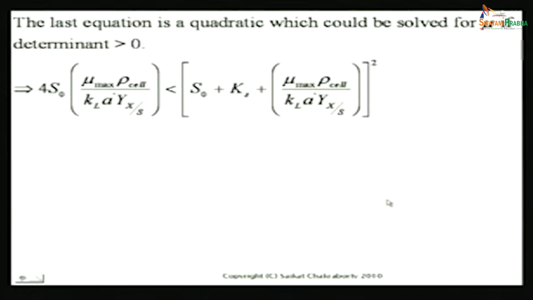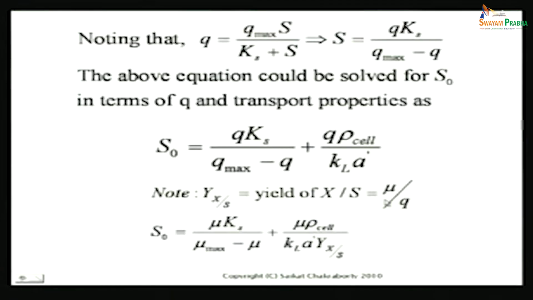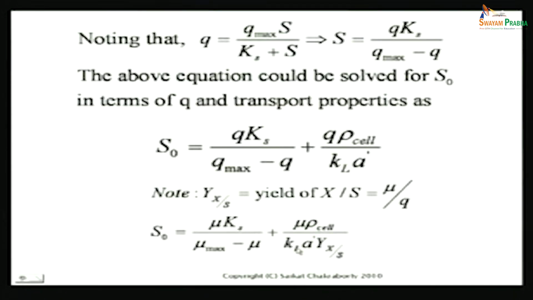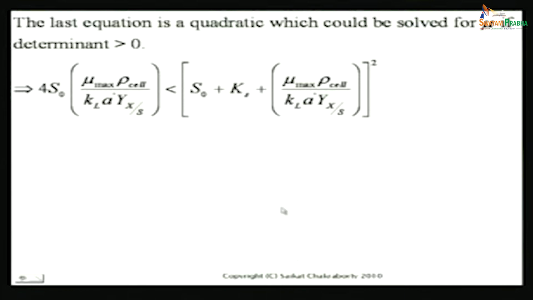So if you look at this equation that you get over here, you can solve for mu in this equation, because mu is a variable.